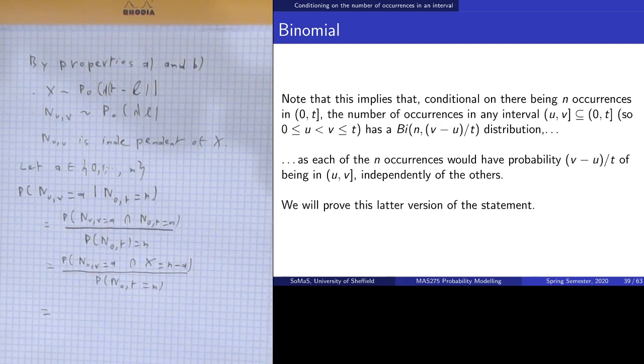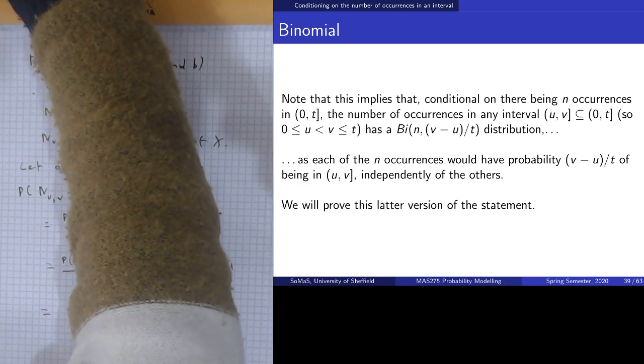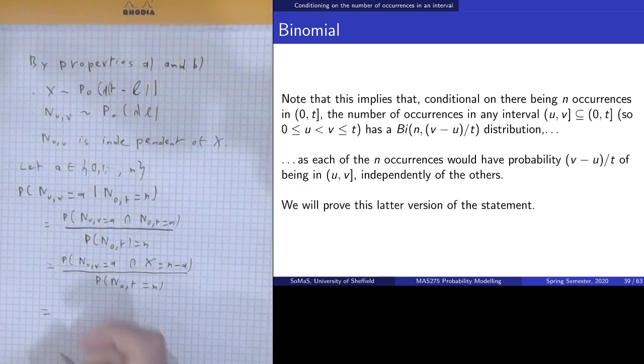So let's remind ourselves of how to write probabilities of a Poisson variable. And so we get, it's going to be a big fraction, get ready.